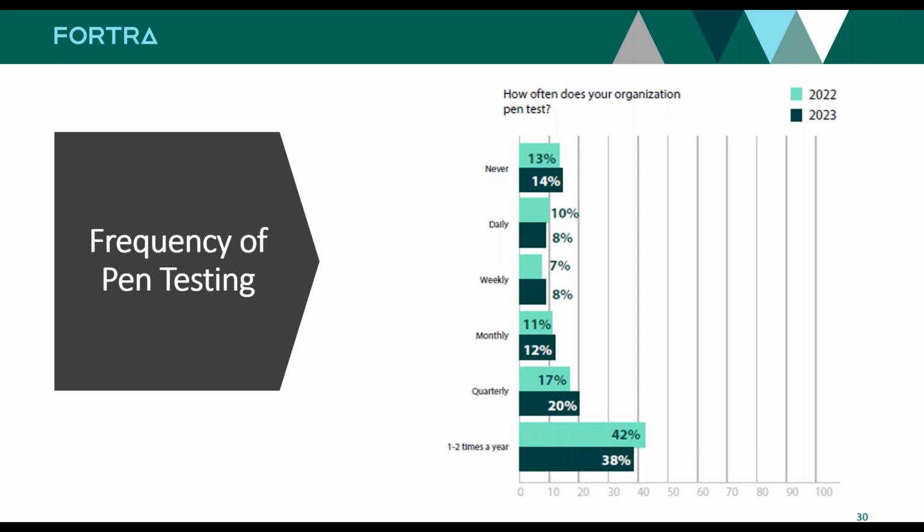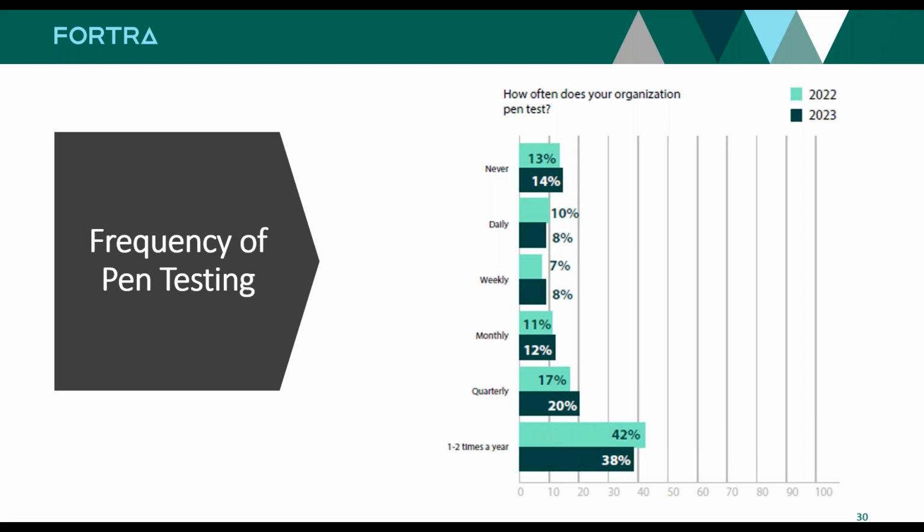When you start getting too frequent, especially if you're on a small team, you're constantly getting the report and constantly being told what's broken, but you're not getting the opportunity to actually fix it and then retest. So creating that feedback loop. I told you I was going to keep saying it. I'm hoping you guys hold on to it by the end of the presentation. But creating that feedback loop, that continuous process of improvement, is going to help you get your systems more secure on a continual basis.